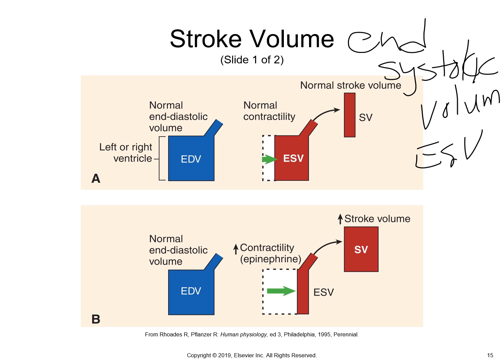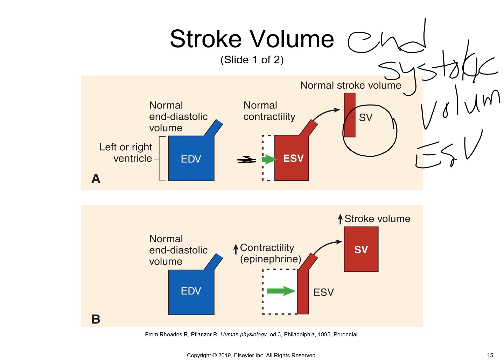This is the amount of blood left in the ventricle after contraction. Again, stroke volume is EDV, the end diastolic volume, minus the end systolic volume. So the heart pumps some blood out, but not all of it is going to leave. It does leave behind some. That is what is left behind.